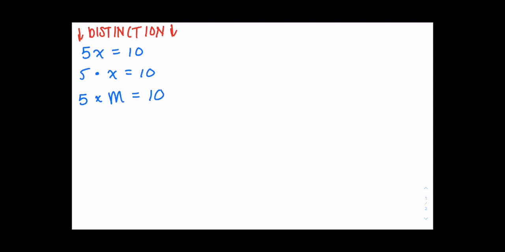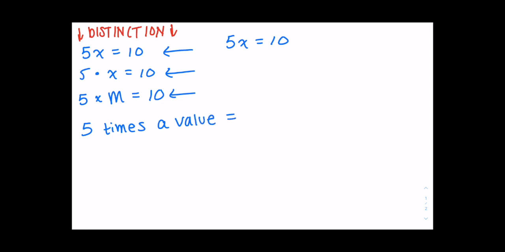Writing these three are all appropriate to represent a particular equation. In this instance, we have 5x equals 10, and what all of these are saying is that 5 times a value equals 10.